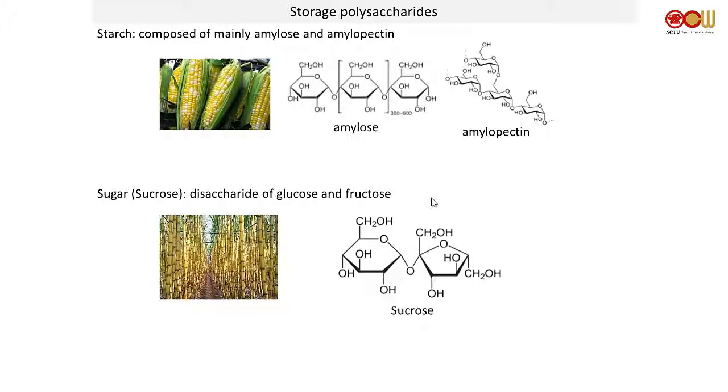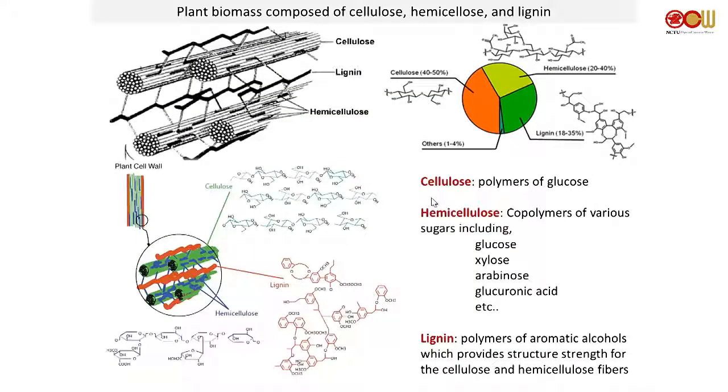Taiwan used to produce a lot of sugar cane. So you can appreciate that these two common foods we eat are polymers or dimers of sugars, which contain glucose. Here is all glucose, and here is one glucose plus one fructose. So glucose is a large percentage of your daily diet.